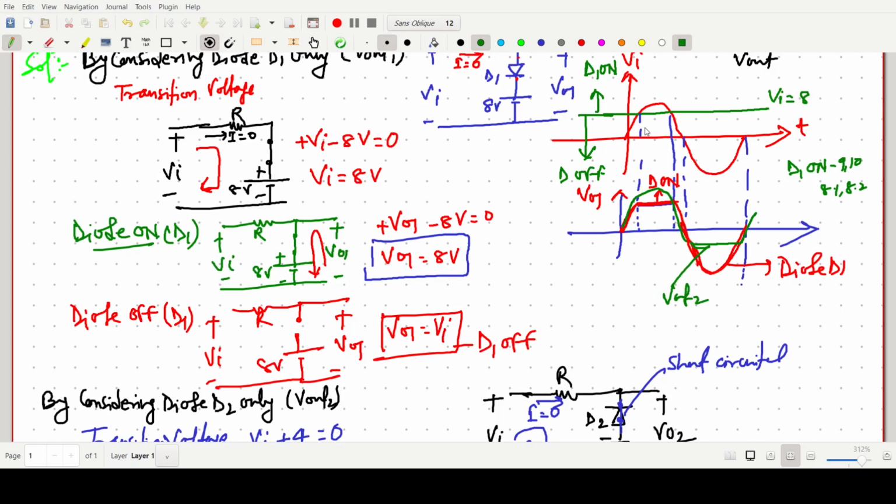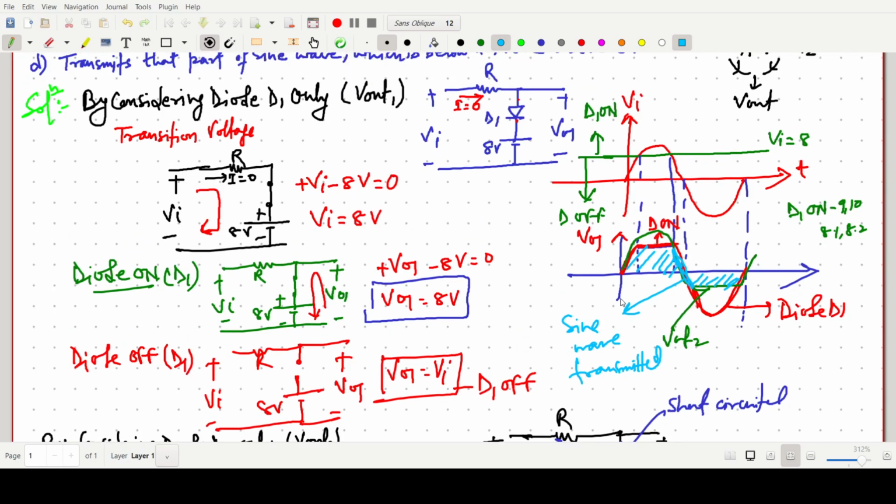The common portion of these outputs will be like that. So which part of the sine wave will pass? This portion only is transmitted. In such questions we have to solve step by step, and we can easily say which portion.